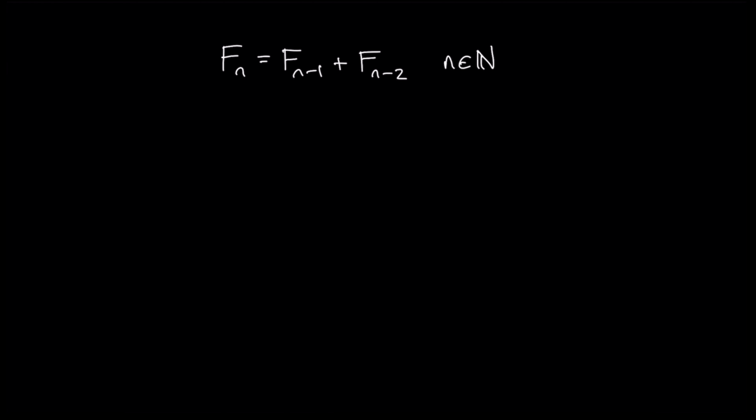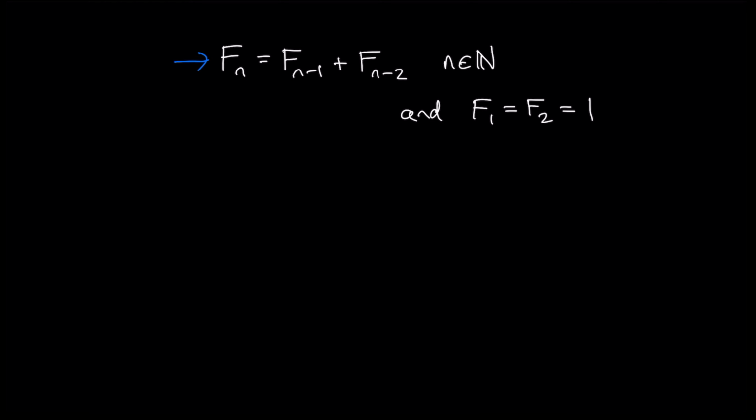And we also have to set the first two elements in this sequence to be equal to something, and we choose 1. So the first and second term in the Fibonacci sequence are defined to be 1, and then once you reach the third term, this recursive formula kicks in to define the rest of the terms.